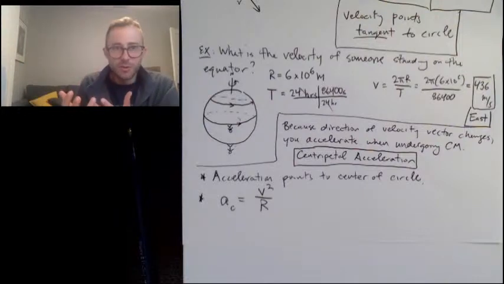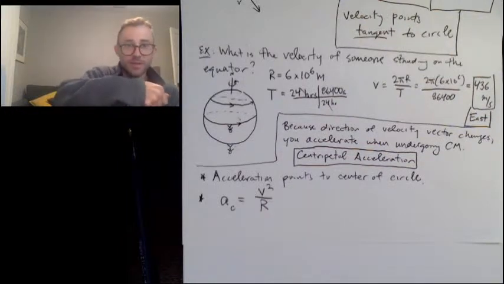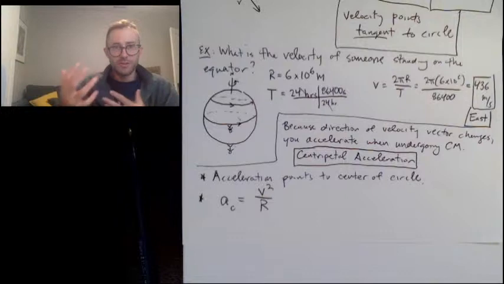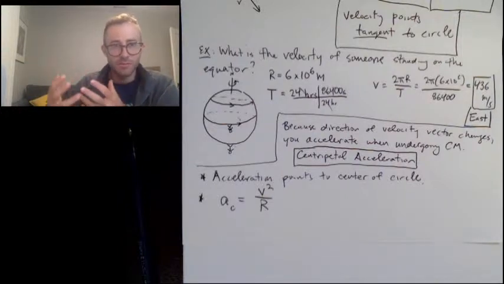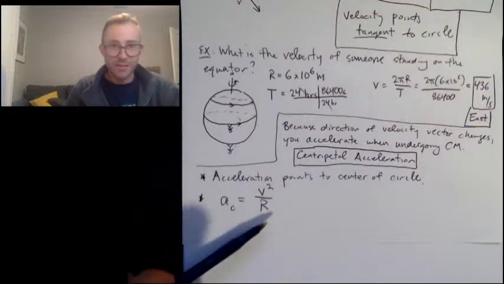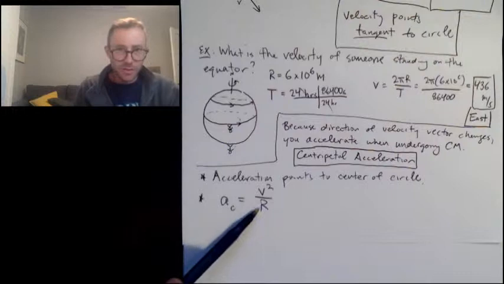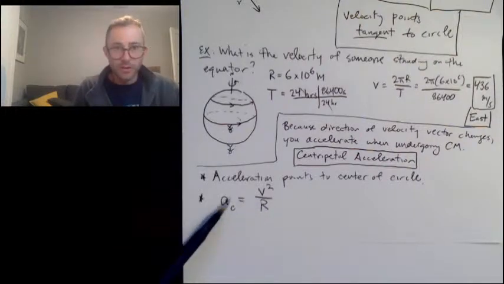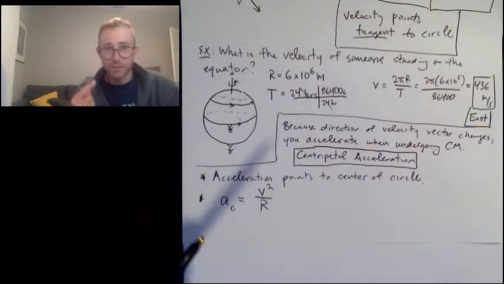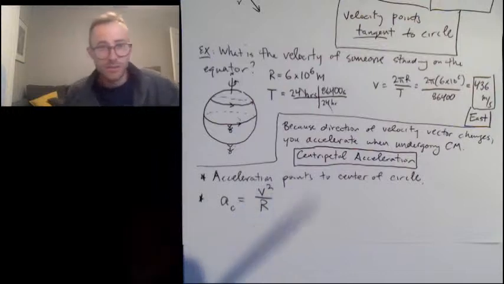I think most of you would agree it's a really sharp turn. What does a really sharp turn mean in terms of a mathematical variable? It means that the radius of the circle is small. Because radius is in the denominator, the smaller the radius is, the more violent the centripetal acceleration. So you move in a smaller circle, you're going to get flung against the side of your seat stronger.